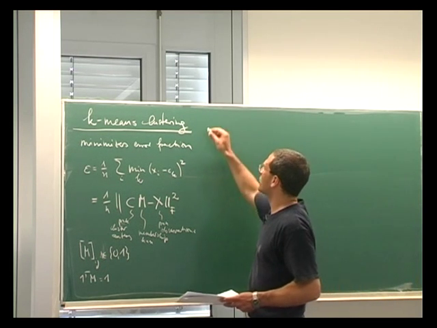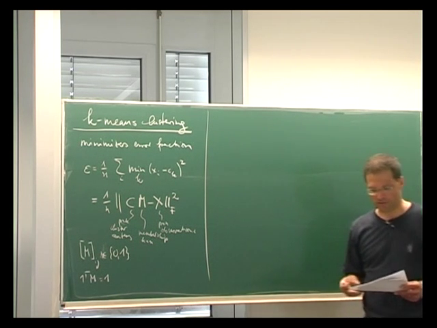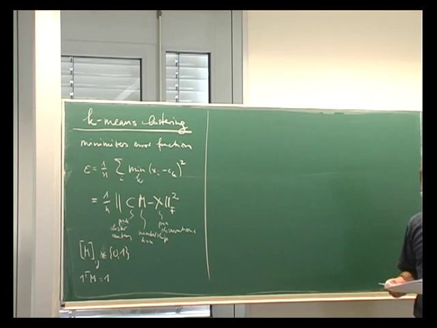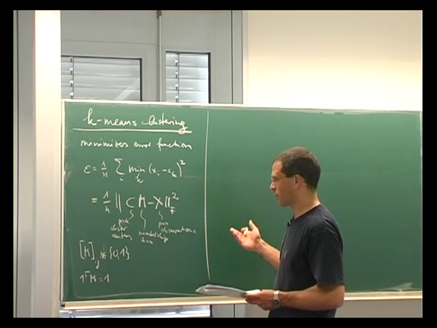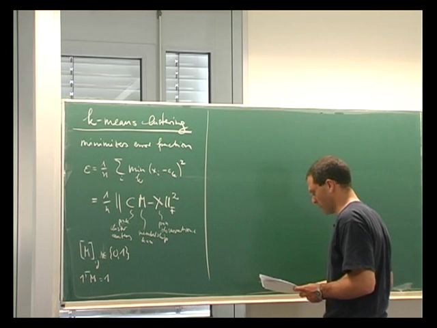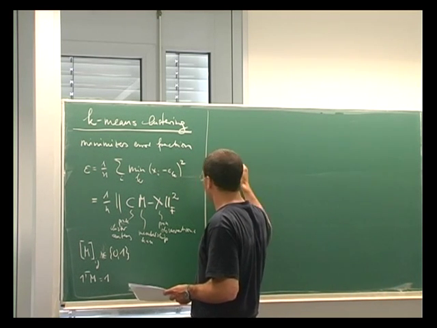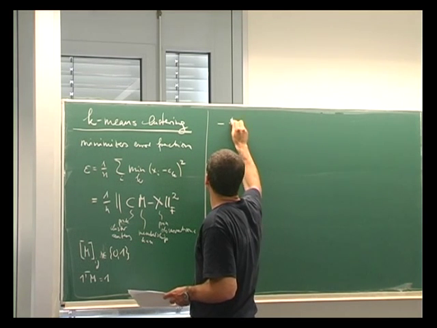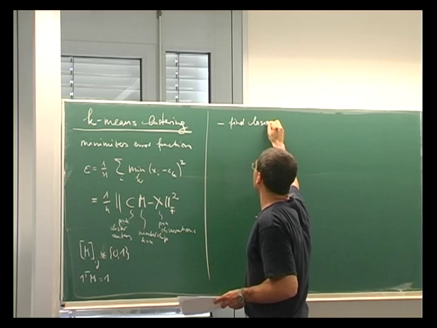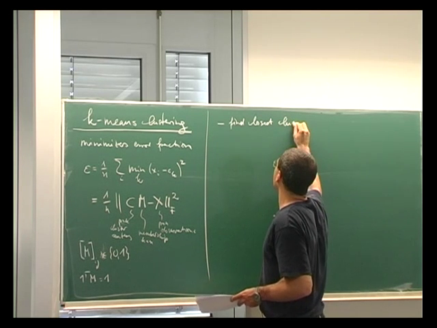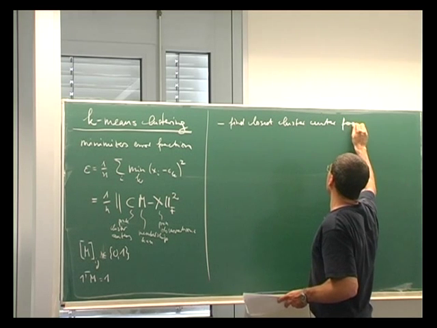Okay, and the user specifies the number k of desired cluster centers, and the procedure then iterates between 2 steps, namely to find the closest cluster center for each observation.